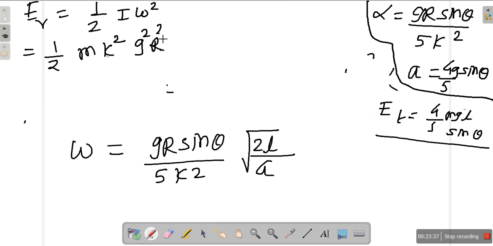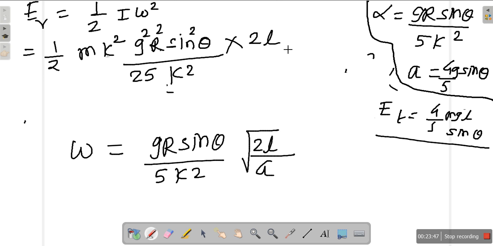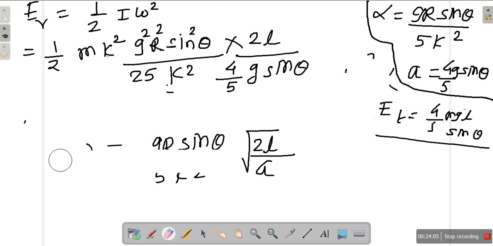G square r square sine square theta upon 25 k raised to 4 into root will go, so 2l, and what is a? Let me put a here now. 4 by 5 g sine theta.